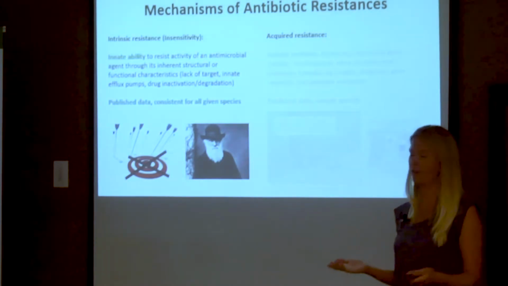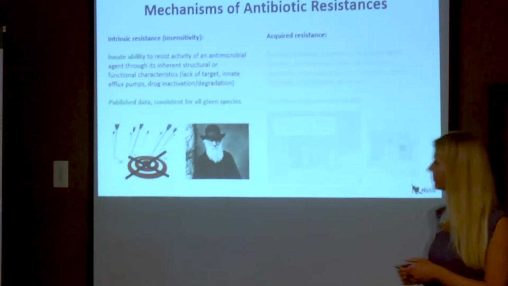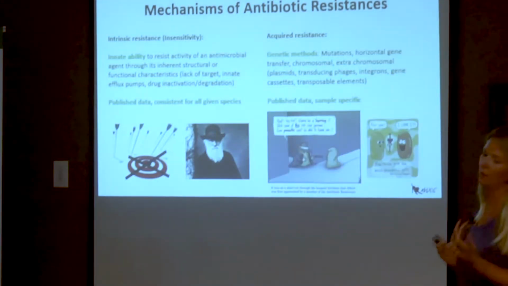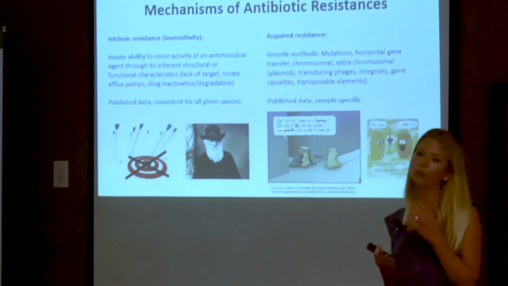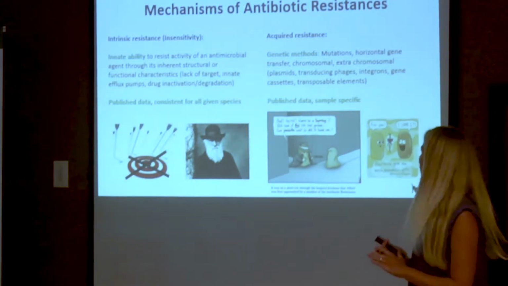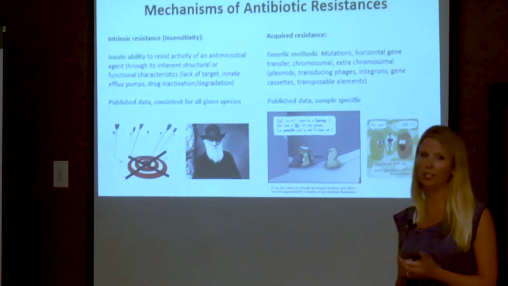And so it's just not effective because the antibiotic basically has no target in these bacteria. The other one is acquired resistance. So this is based on genetic mutations or horizontal gene transfer or plasmids that are moving along. And these can be easily shared between different bacteria.